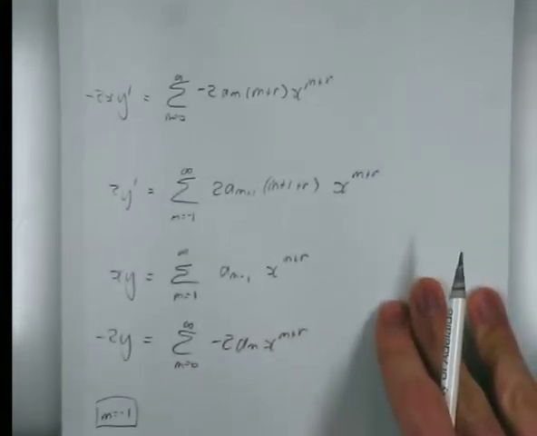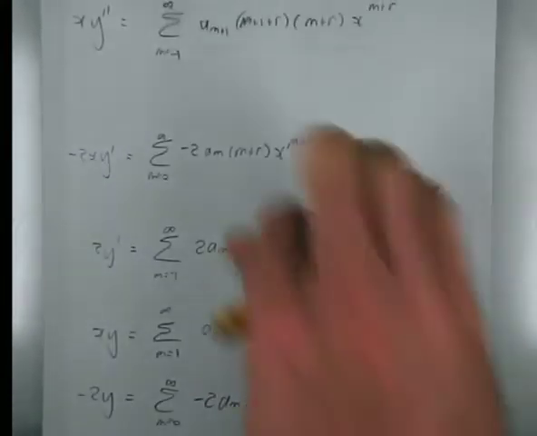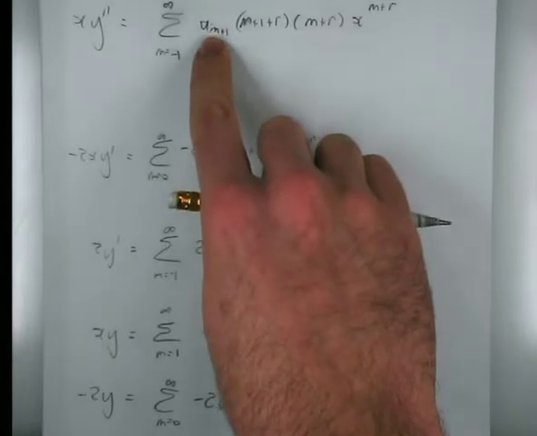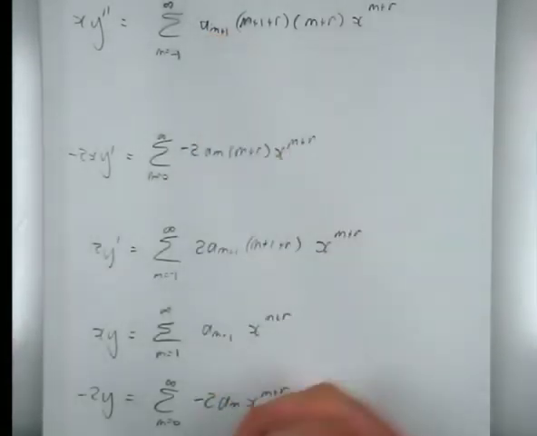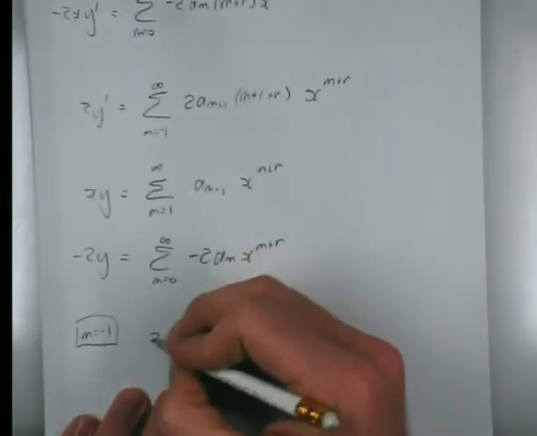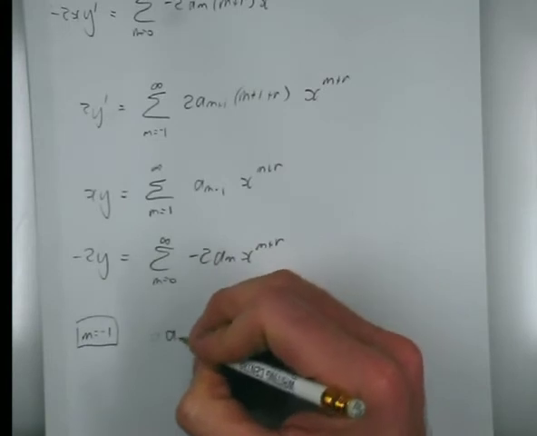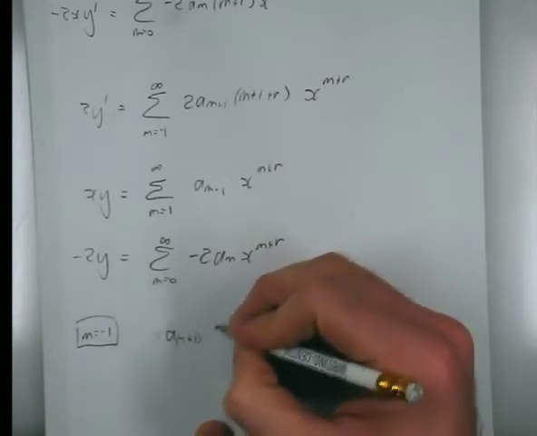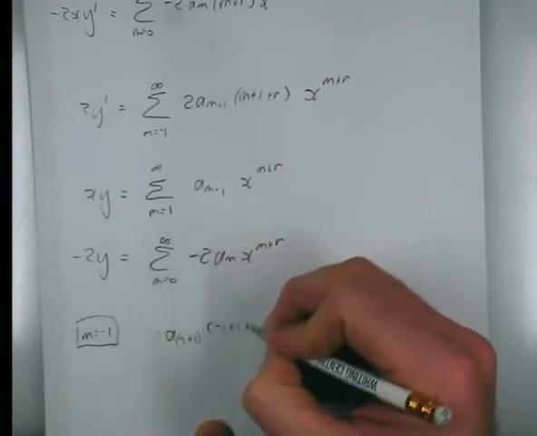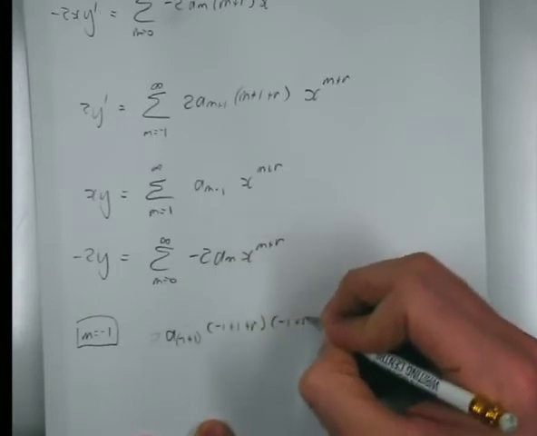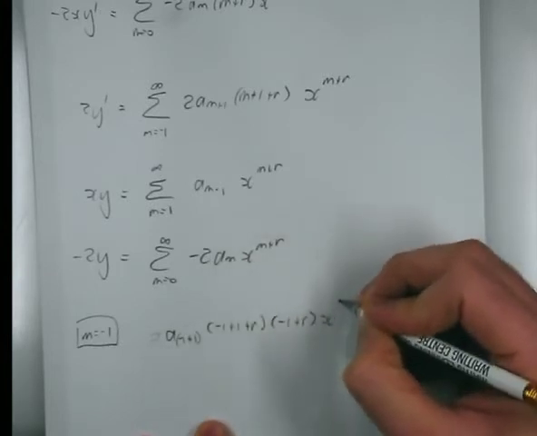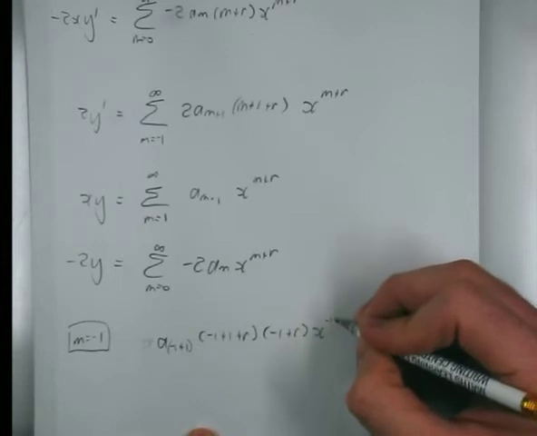And so when m is minus 1, I get a minus 1 plus 1, so that's what from the xy double dash term, I've got a minus 1 plus 1, minus 1 plus 1 plus r, minus 1 plus r, x to the minus 1 plus r.